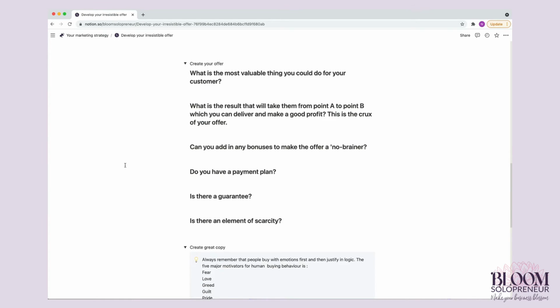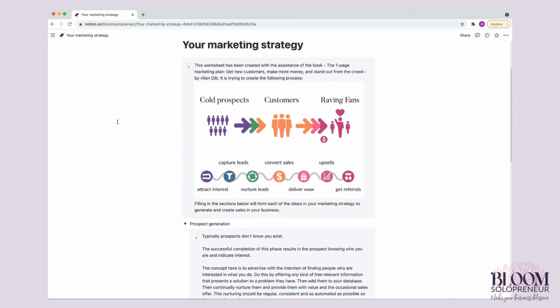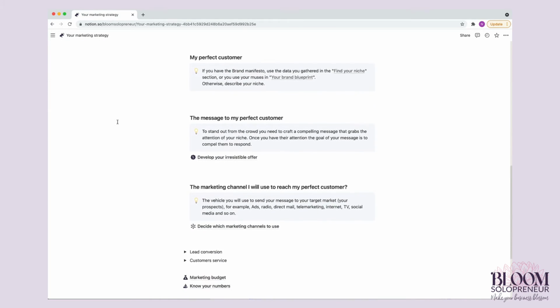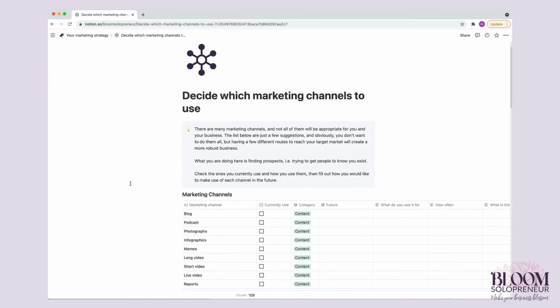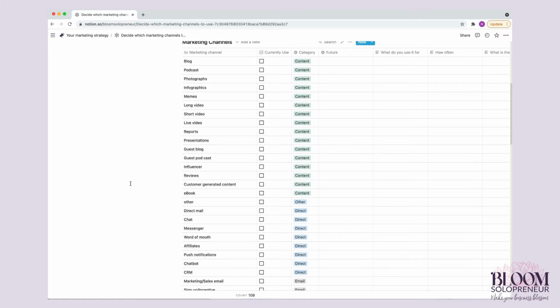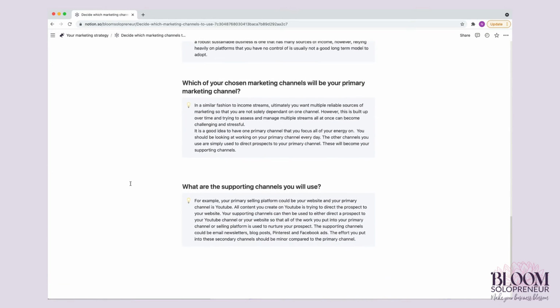So it gives you a worksheet to work out what to include in your offer. And then it looks at what channels you will be using to market it. So we detail all of the channels that are there, and you can then decide what route you want to take and how you're going to make use of them.